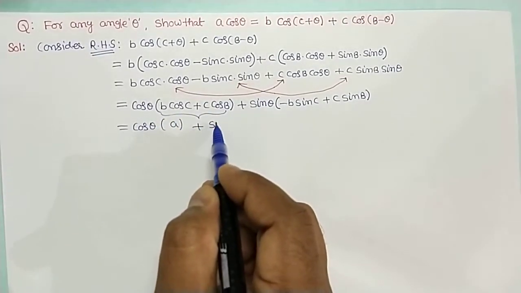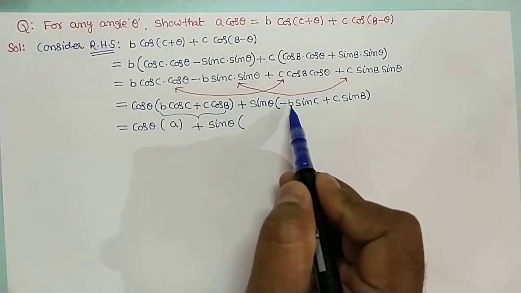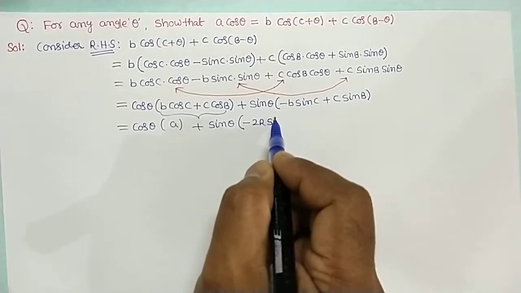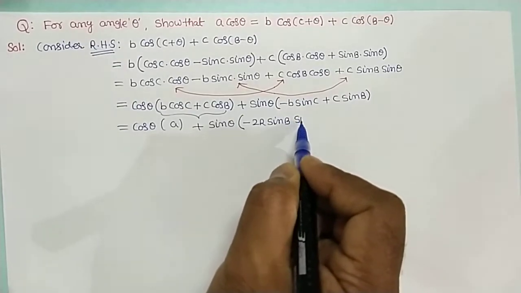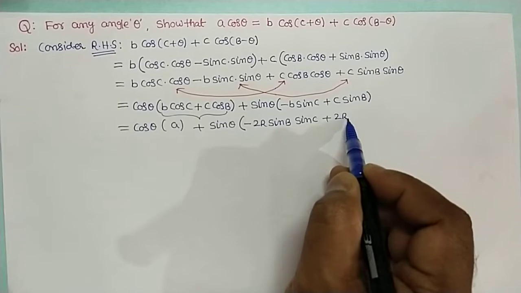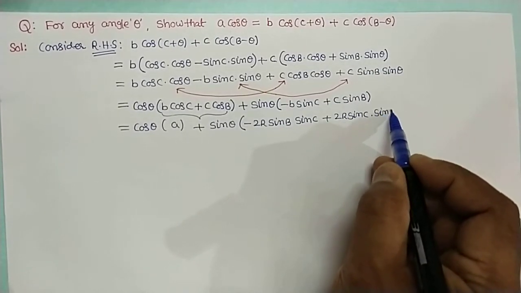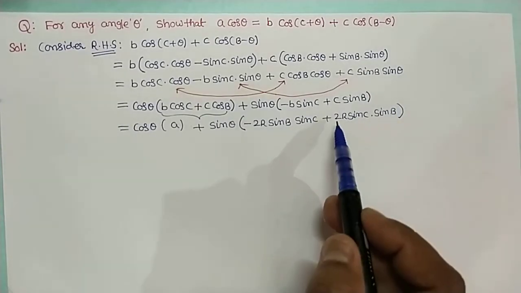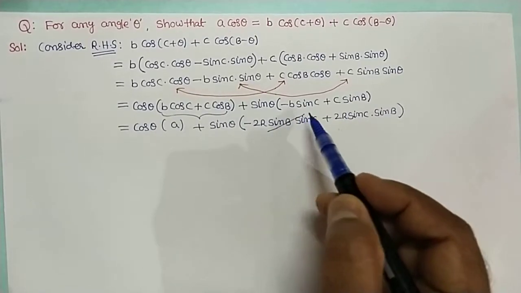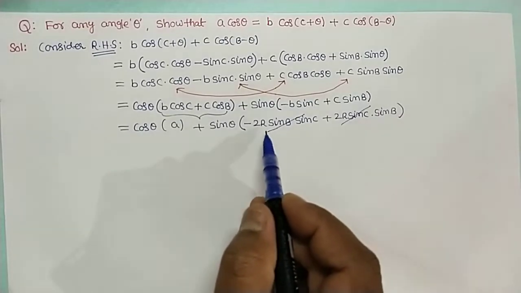plus sin theta into, by using the sine rule, b equal to 2r sin B. So minus 2r sin B into sin C plus, in place of small c, 2r sin C from the sine rule into sin B. Observe both the bracket values: 2r sin B sin C minus 2r sin B sin C. Both will be cancelled, so it means 0. 0 into anything is 0.